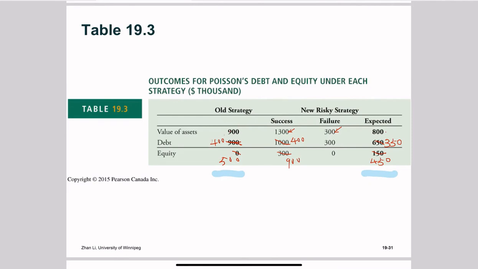What's your result? Well, you can find out the firm's value is higher, right? It's 500 versus 450. So the firm will use the old strategy and will not pursue this risky, inefficient project. So in this case, you can see that there is no asset substitution, right?